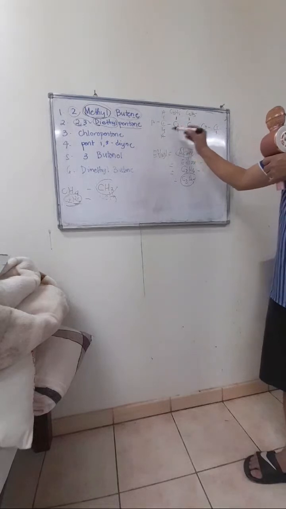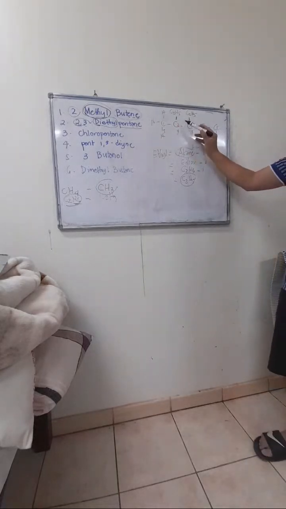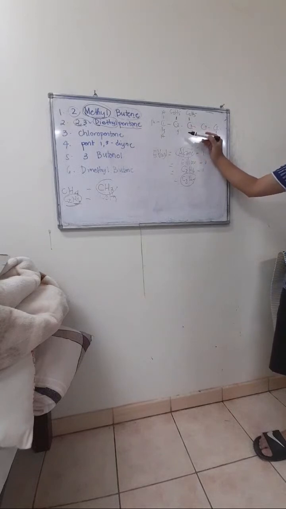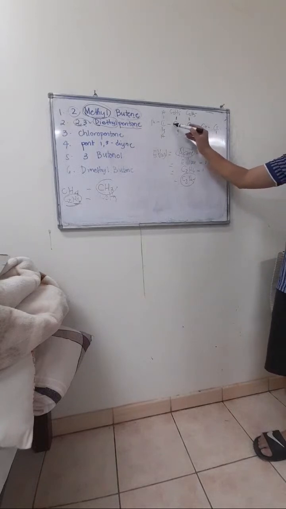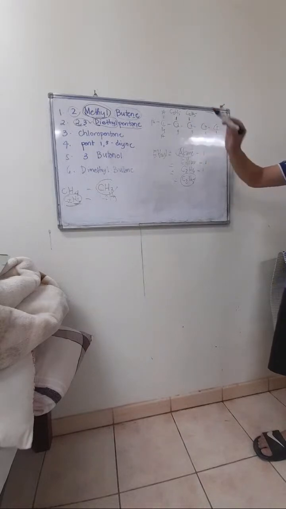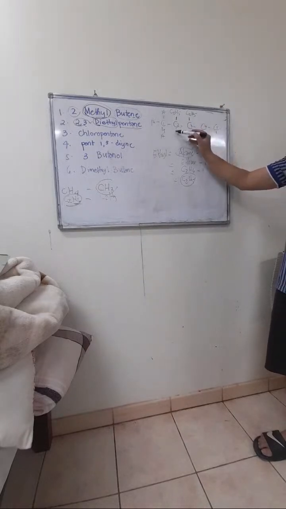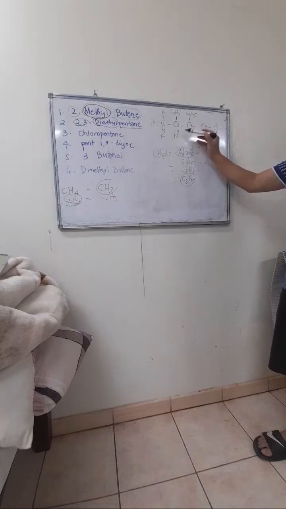In carbon number 2, carbon has 4 valence electrons in the outermost shell. So count 1, 2, 3. They're still missing another one, so put H. And carbon number 3, 1, 2, 3.